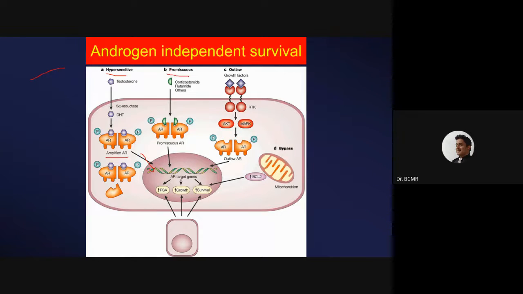Promiscuous is when there is a mutation because of which the affinity has changed. The androgen receptor is supposed to bind to a molecule like testosterone. But because of a mutation or change in the active site, it binds to other molecules. If those other molecules are present, it might get dimerized, activated, and then transcriptionally activate target genes.